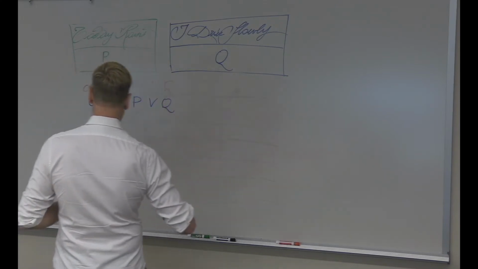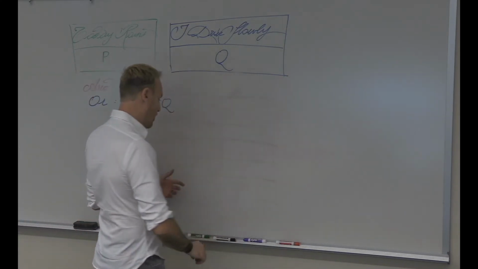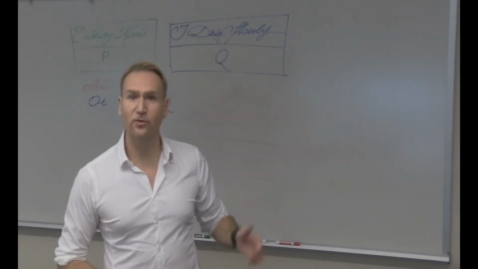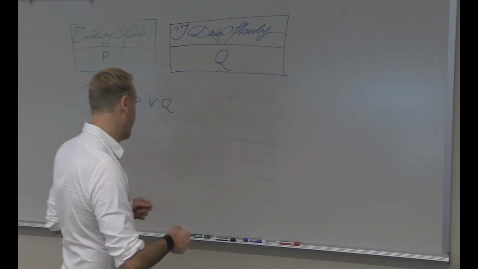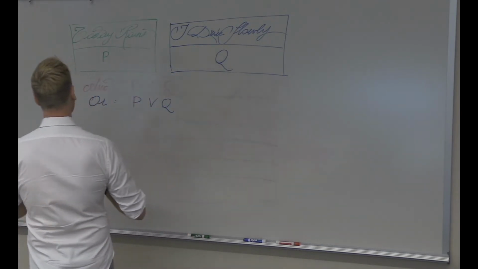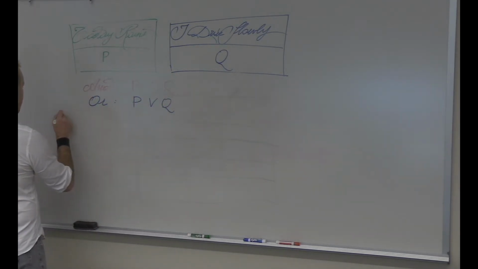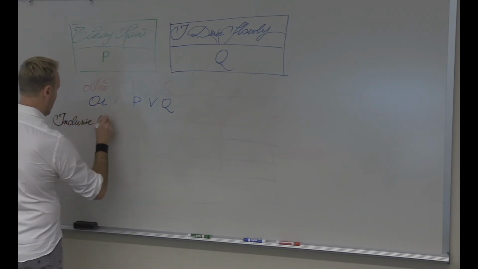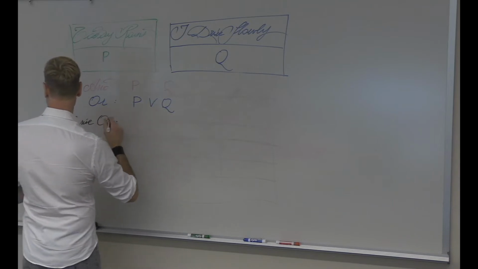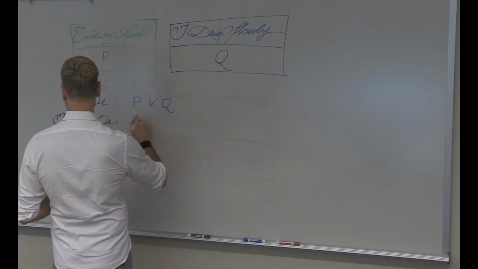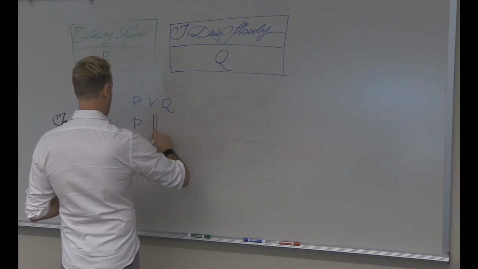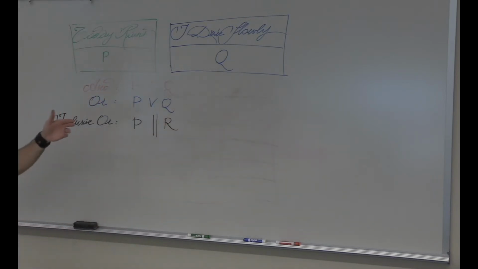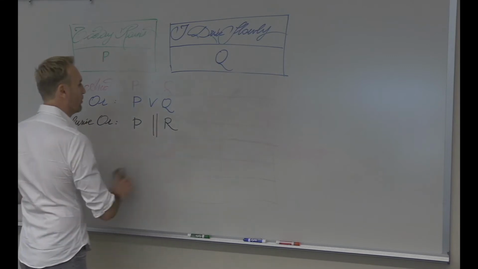Now, of course, we have two different types of or. One is inclusive and the other one is exclusive. So let's take a look at the symbols first. For the inclusive or, we will have P or Q. My apologies.